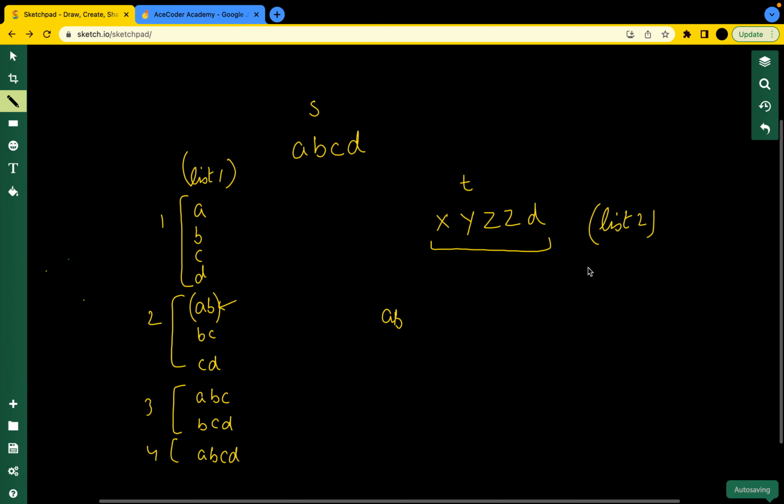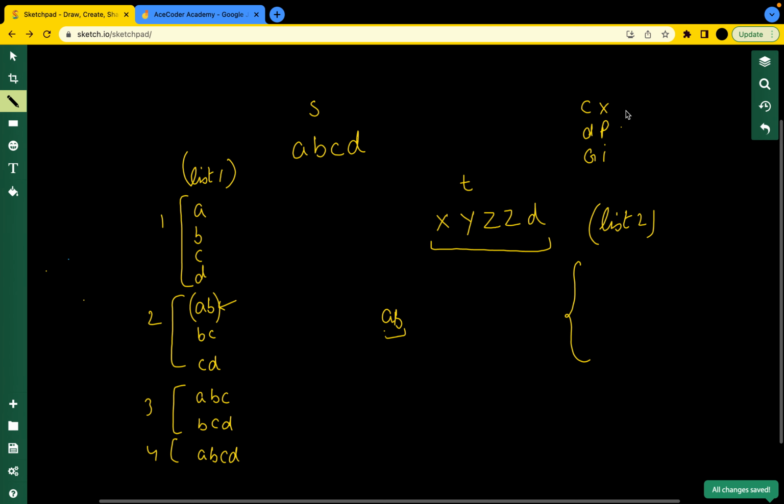Now we will look for the same length substrings in list 2, and once we have found all the substrings of the same length as AB in list 2, we will simply compare all the characters of this string with each of those strings. Like if we found CX, DP, or GI, these are the substrings that we found.